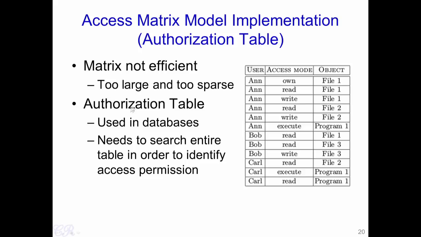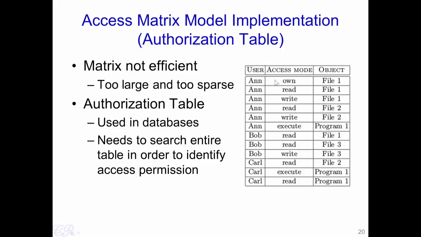The other technique is to use something known as an authorization table, as shown here. This table is used in databases, and each row comprises a user, a right and an object. For instance, Anne has read write on the object file 1.